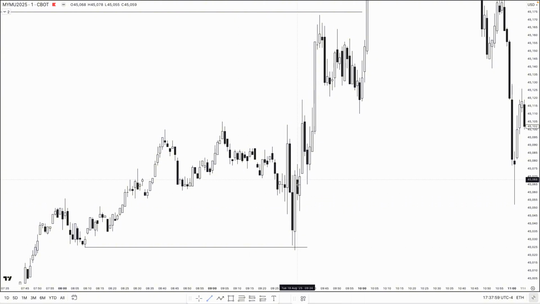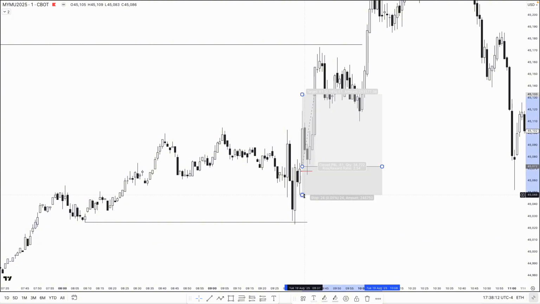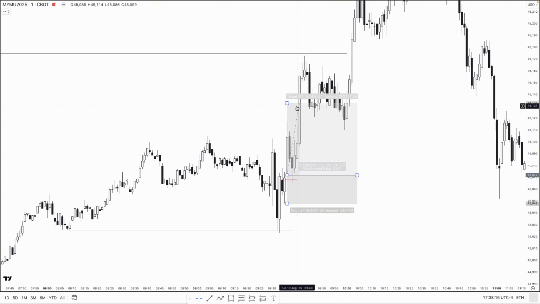So this 9:34 down close candle gets closed above, and you can either wait for us to trade back into it or enter immediately, which is what I did, with our stop under the most recent swing low, or one tick below if you want. Targeting, of course, the range high, which we have here. And so this is the trade that I took on Tuesday on YM.